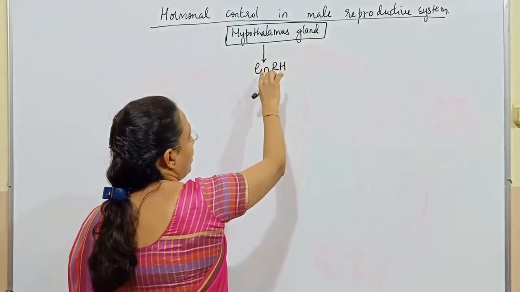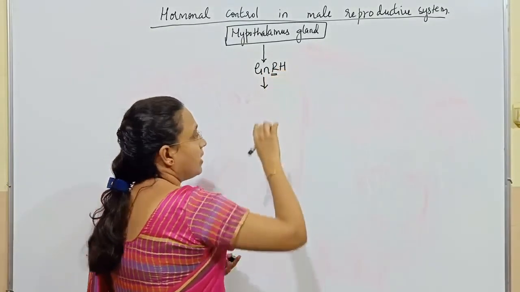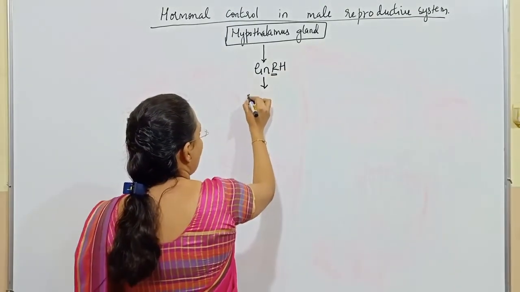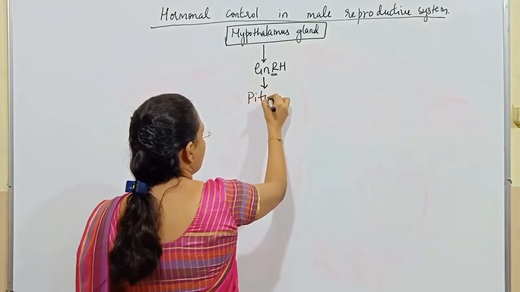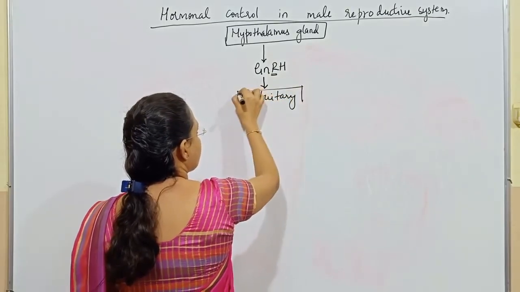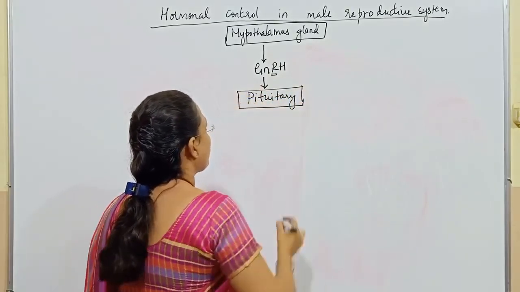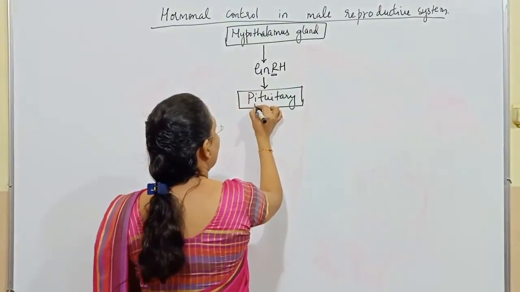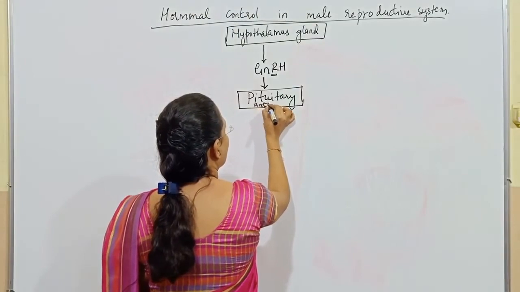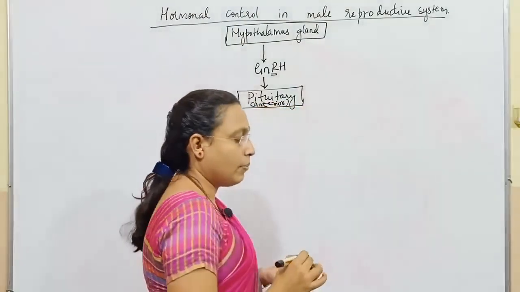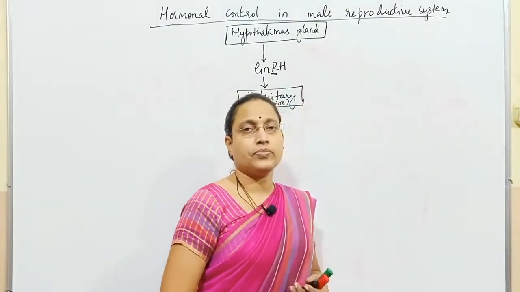You should know the name, gonadotropin releasing hormone. This hormone goes and binds to receptors present in the cells of the pituitary gland, and that too the anterior pituitary, that is, adenohypophysis.